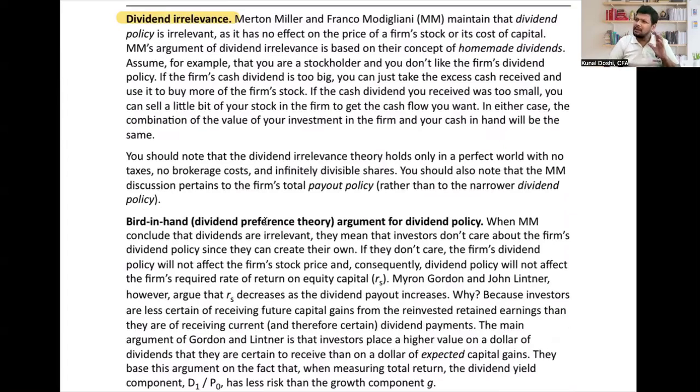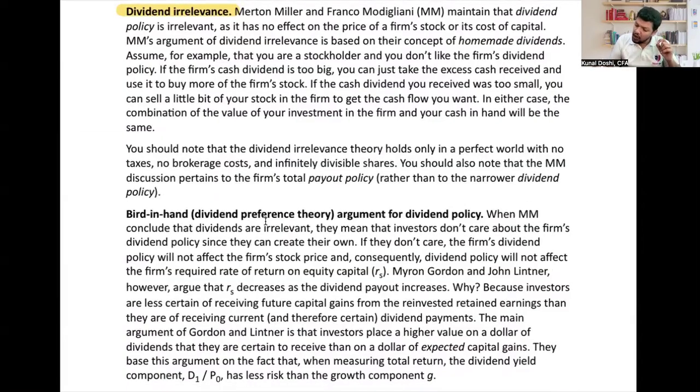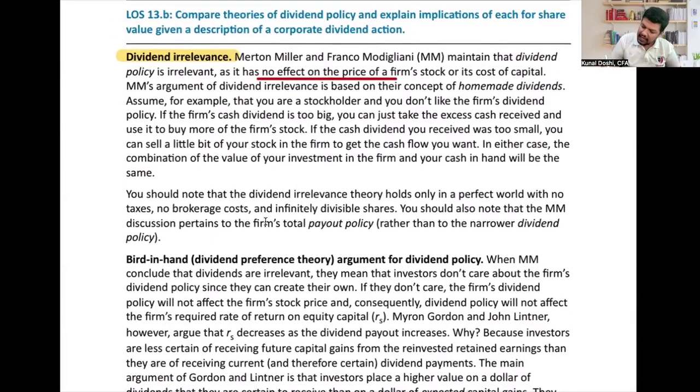And if you recollect, it was also known for capital structure irrelevance. So same way that they said that capital structure does not affect the company's valuation, they say the same thing about dividend, that dividend has no effect on the company's stock price. Yes, that is theory number one out of the three, dividend irrelevance.